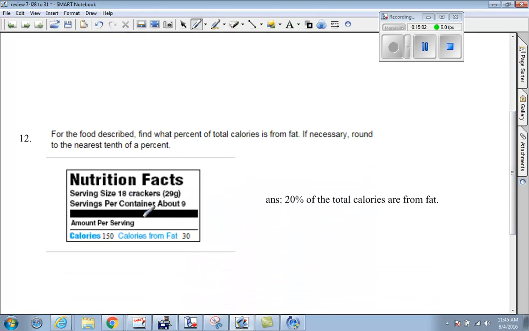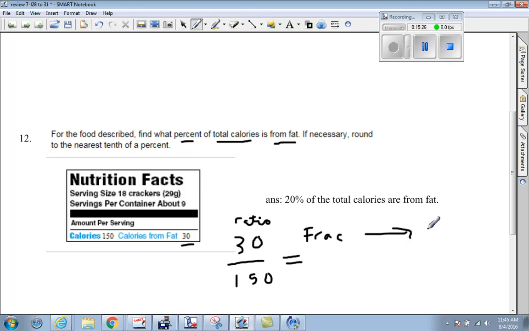You have a food fact here. It says, find what percent of total calories is from fat. Well, calories from fat is 30. So let's just first start with the ratio, or the fraction. And total calories is 150. But again, you want to take that fraction and convert it to a percent.